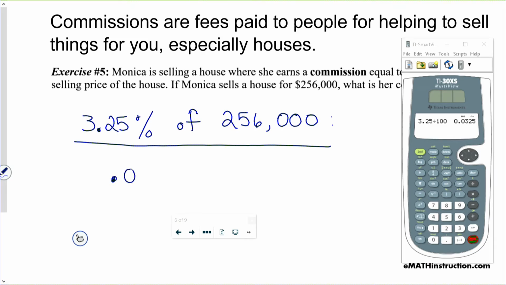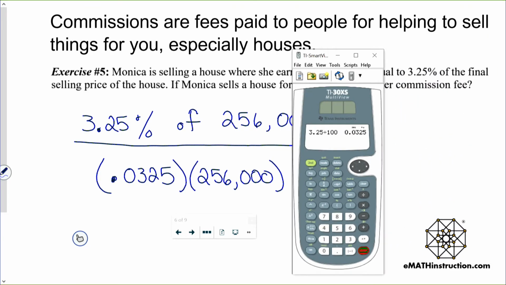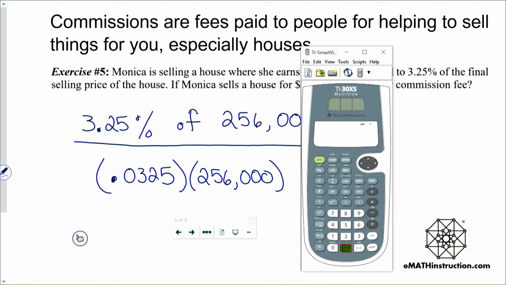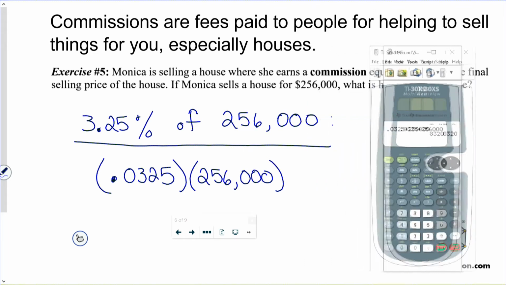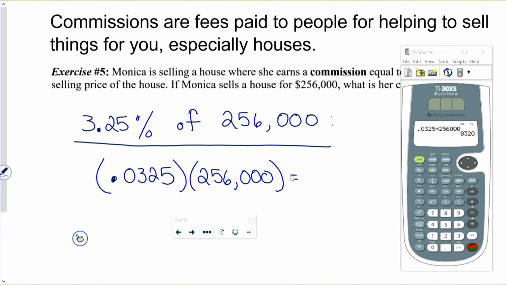To figure out her commission, we do 0.0325 times 256,000. All right, so we bring our calculator. Clear. 0.0325 times 256,000 gives us a commission of $8,320.